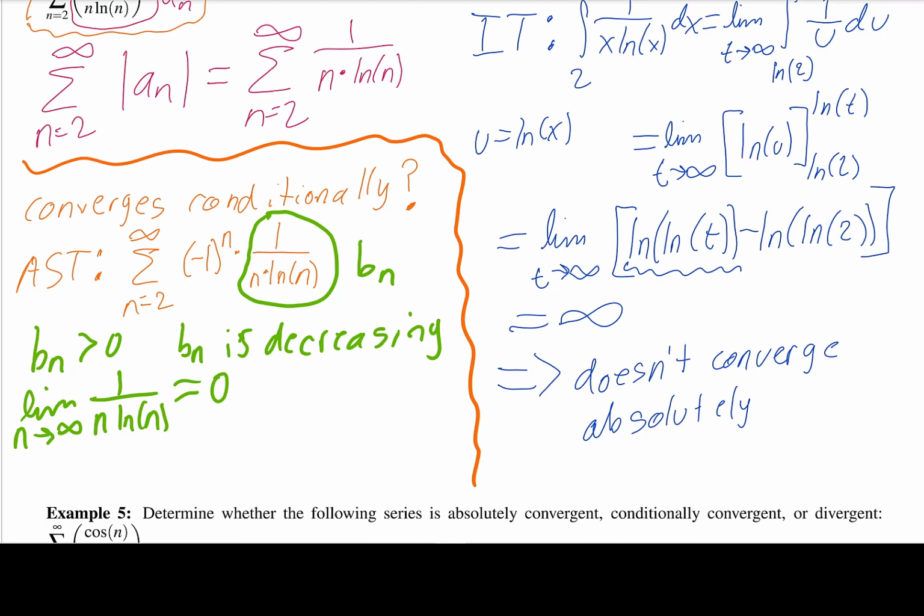And so now we can say the sum from n equals 2 to infinity of negative 1 to the n over n times the natural log of n converges conditionally.